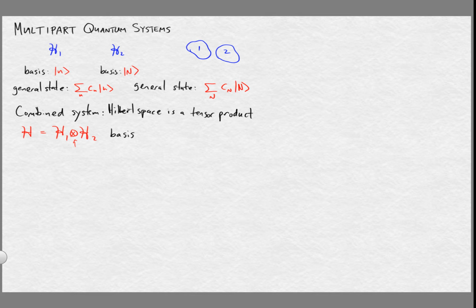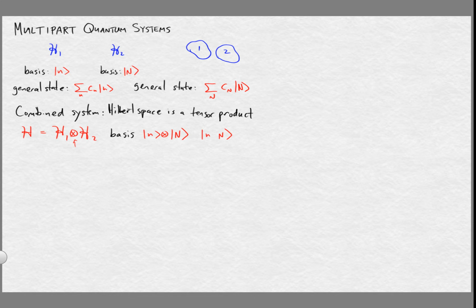The tensor product Hilbert space is just defined by specifying what is the basis for that Hilbert space, and that is going to be indicated like this, or more simply like this. The idea is that you can take any basis element of the first Hilbert space and any basis element of the second Hilbert space, and then you combine those into a basis element for the tensor product Hilbert space.